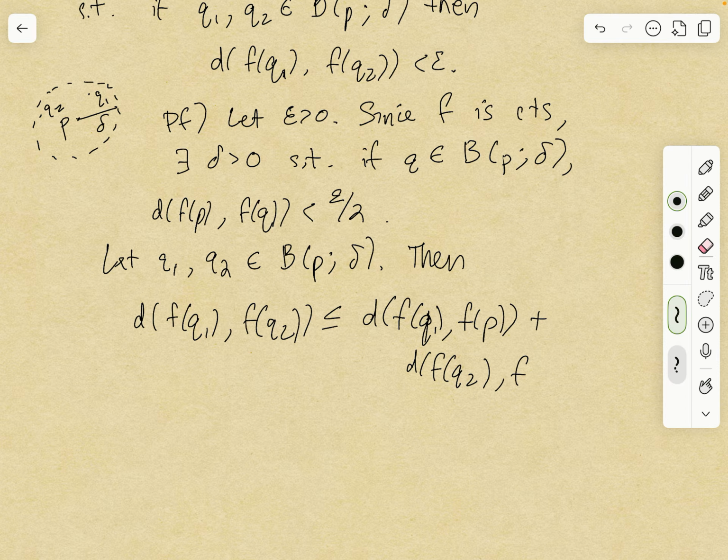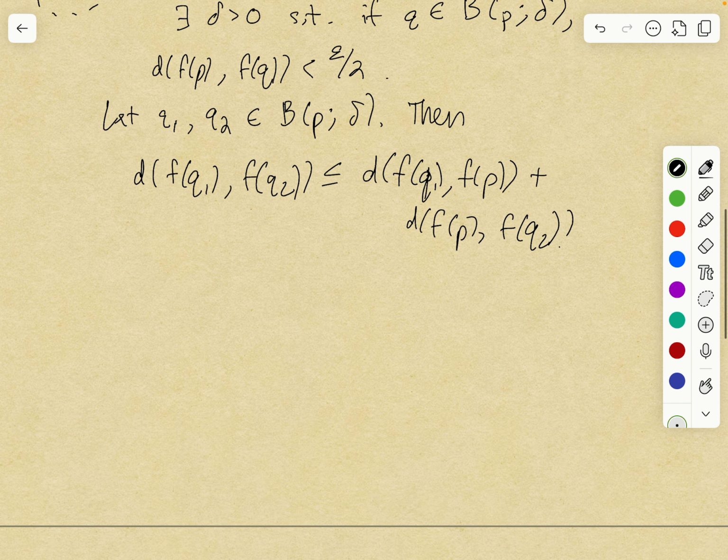Maybe I should rewrite this to be a bit clearer, right? This is from the triangle inequality. And then each of these is less than epsilon over 2. So you get epsilon over 2 plus epsilon over 2, and that's epsilon. And that's the proof of the lemma.